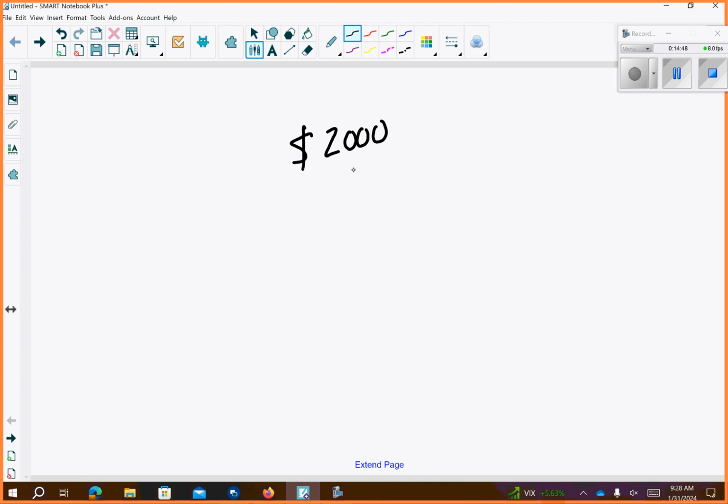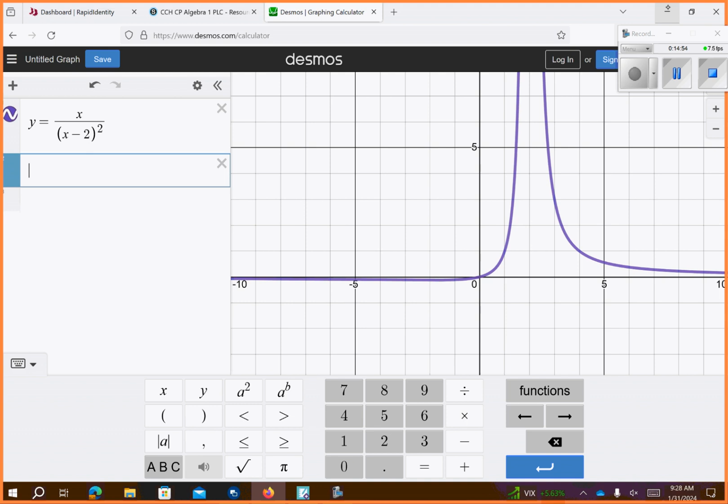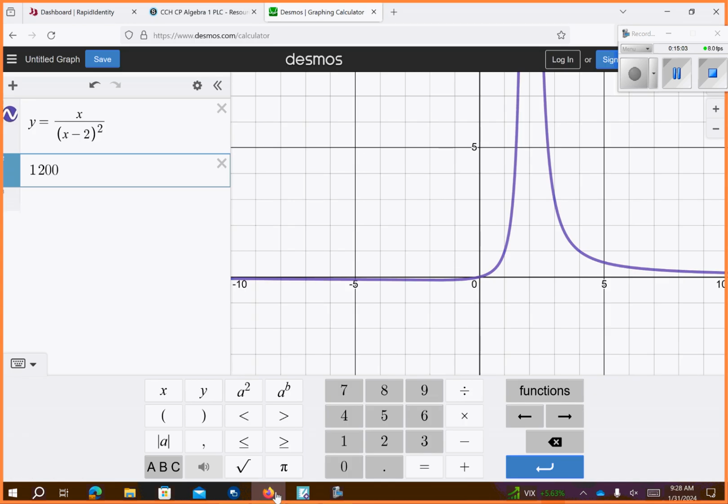So let's do the math. We use Desmos for this because Desmos has a much nicer calculator. We act like we had a mortgage payment of $2,000 a month. Okay, there are 12 months in a year. Still following me? 12 months in a year for the past 18 years.